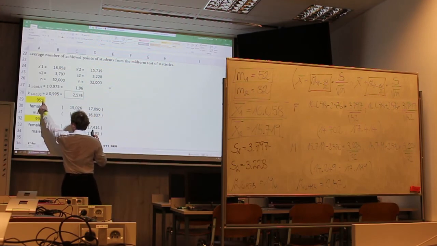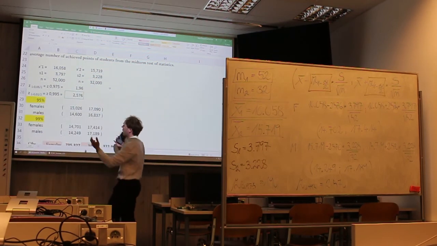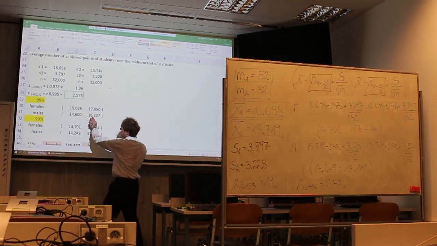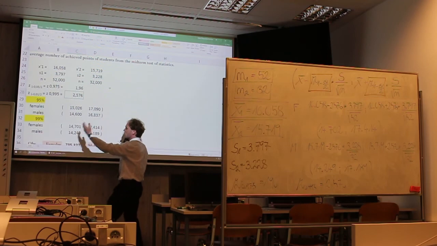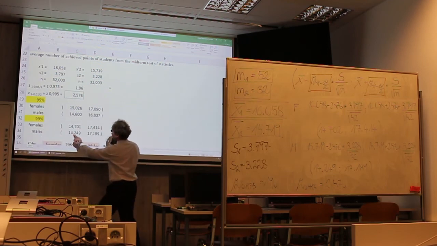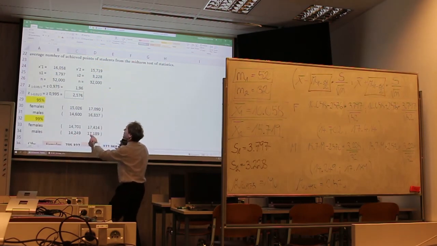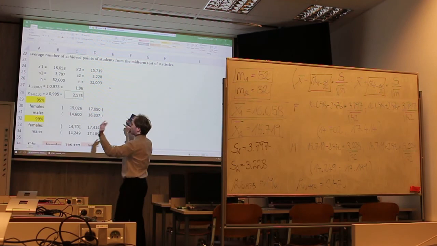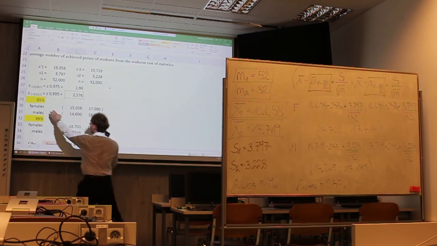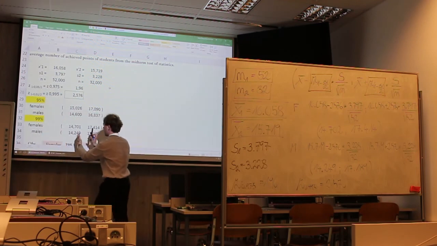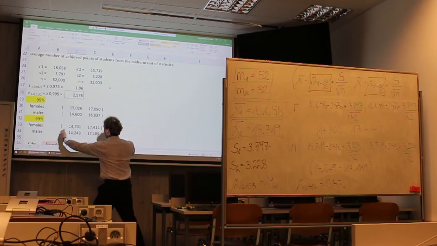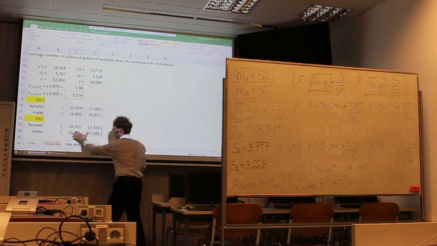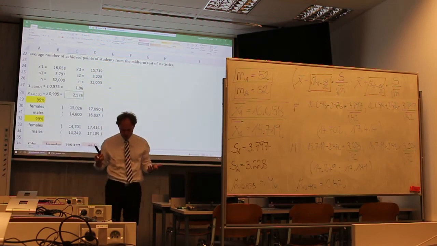Yes, 95% confidence level, 14.6, 16.8. In the case of 99%, 14.2, 17.2. Yes, the confidence interval is tinier if you are using less confidence, and must be wider than before if we are using higher confidence.